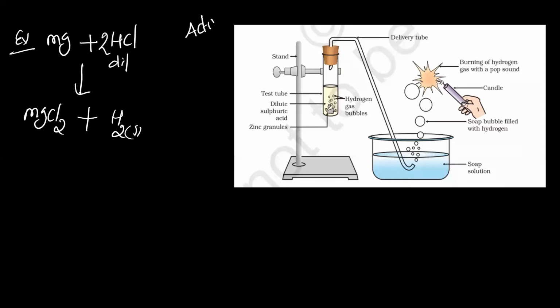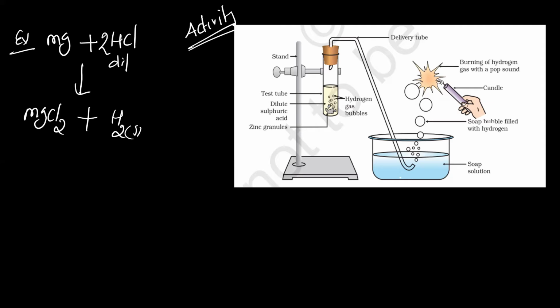Now, whatever I told you now is the experimental detection of hydrogen gas. Simply, you can bring the burning candle near to the test tube, it will produce a pop sound. Otherwise, you can pass the hydrogen gas produced in the test tube through a delivery tube to a soap solution. There will be very big soap bubbles filled with hydrogen.